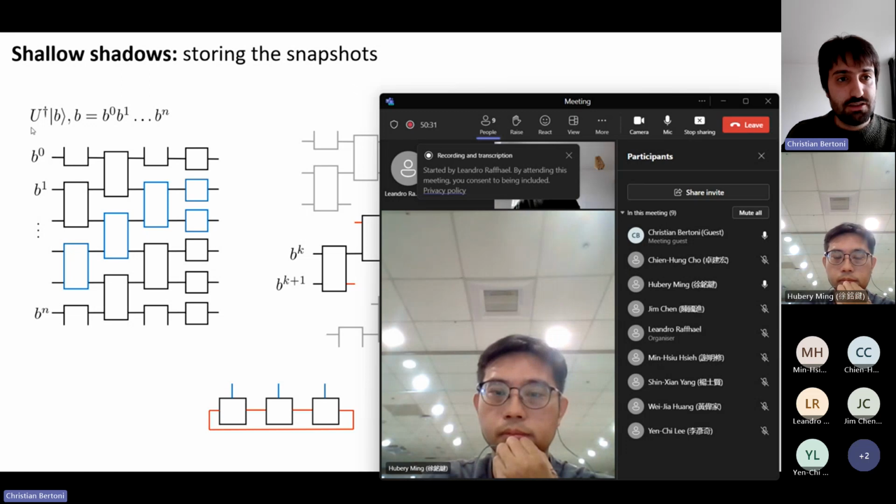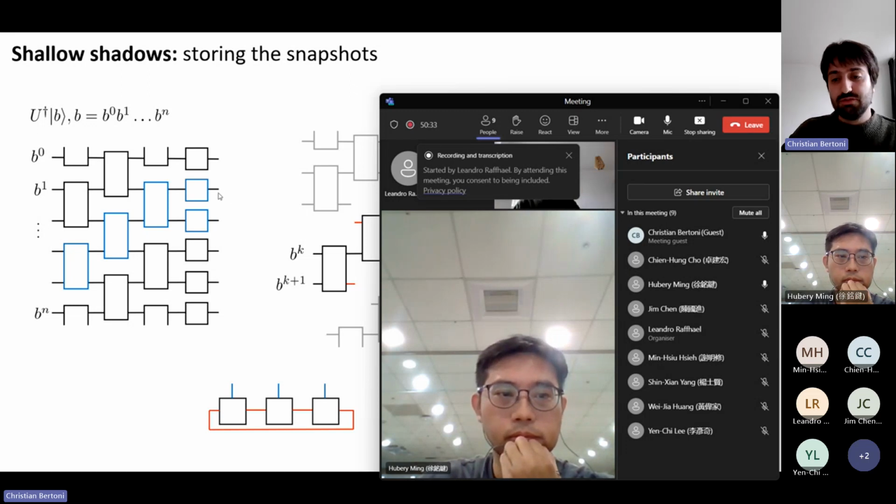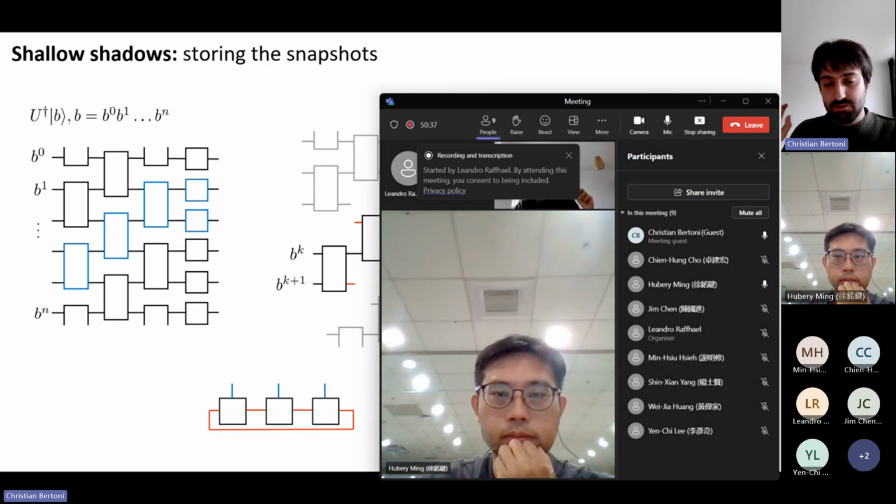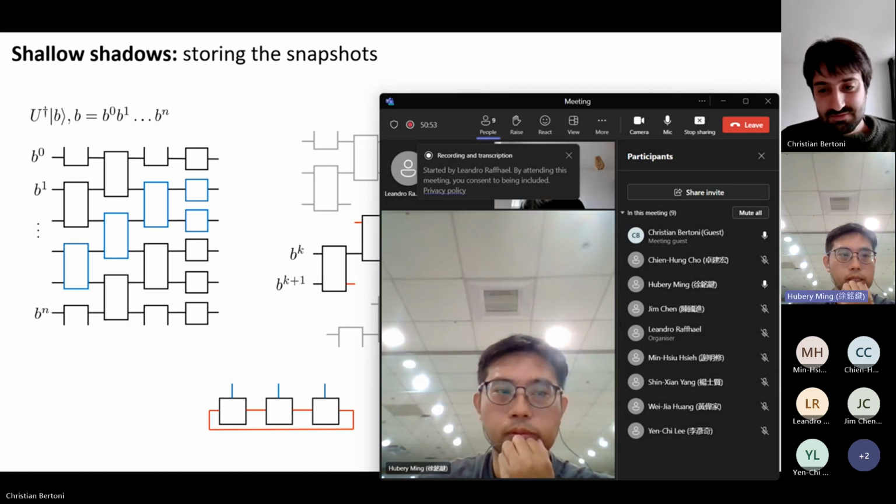This U-dagger is the original circuit that we drew from the ensemble, and we know we have drawn it. Once we have the measurement result, we apply it to this computational basis state, and we get some state U-dagger b, and this is what we want to store. It's essentially not the whole unitary, but a column of the unitary, U-dagger b. Okay, I see.